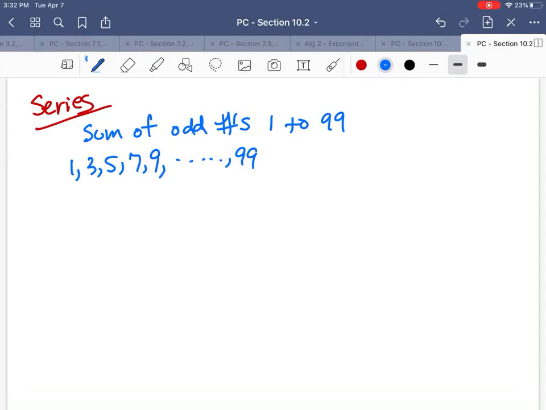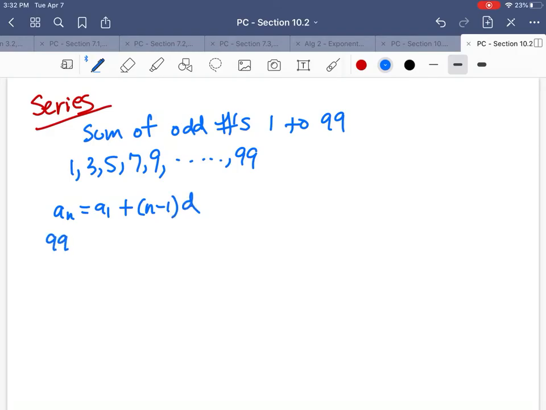First of all, both ways are going to involve you knowing how many terms there are. So I'm going to have to figure out how many terms there are, or I can also figure out a pattern for this right here. But first I need to figure out how many terms there are. So like we did before, I'm going to use this formula: a1 plus n minus 1 times d, my nth term formula.